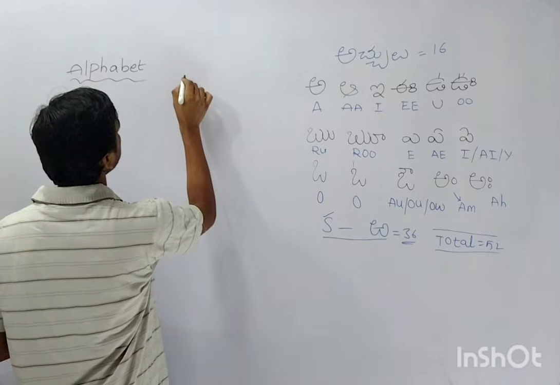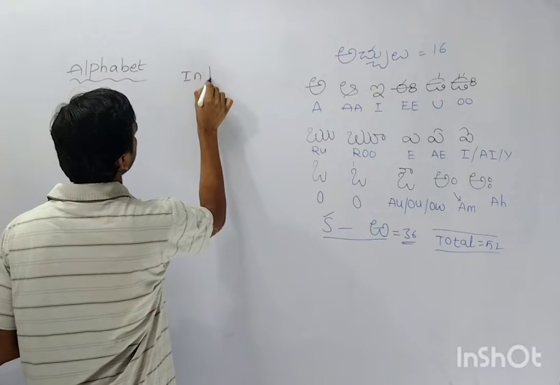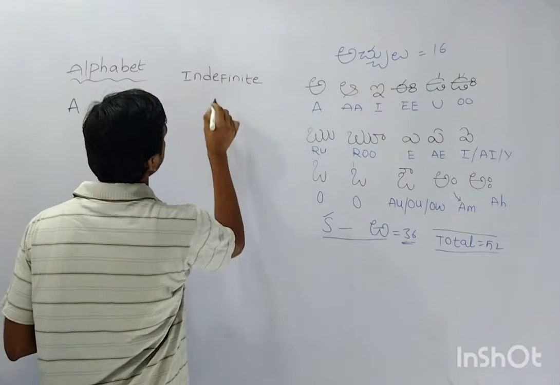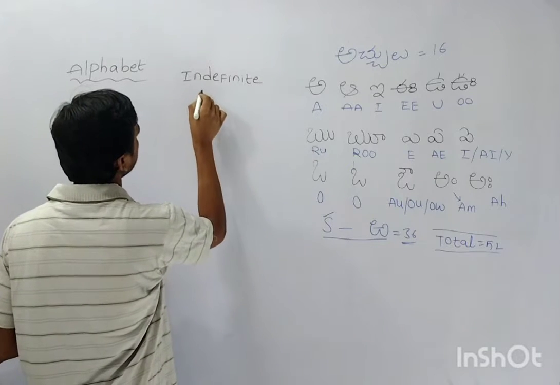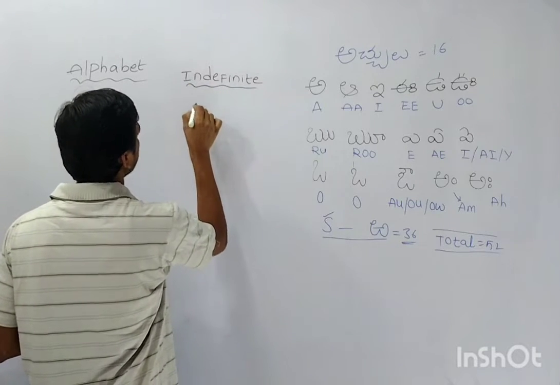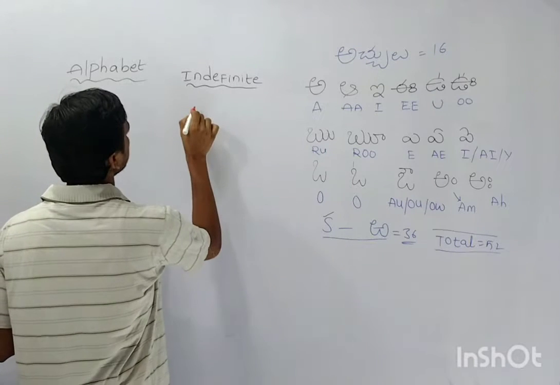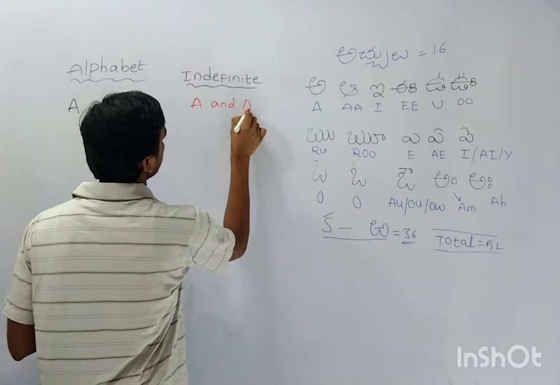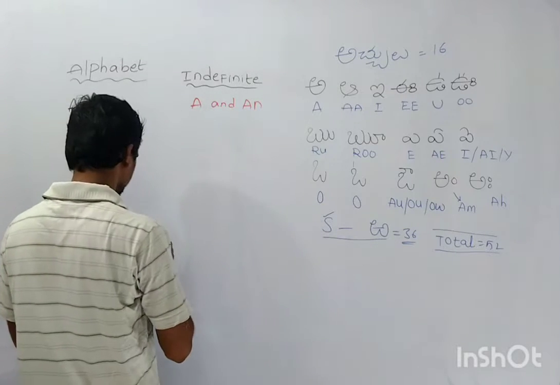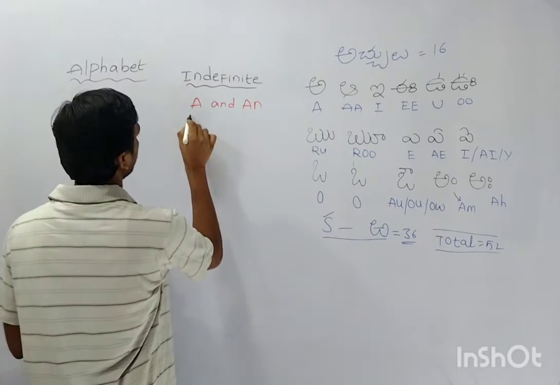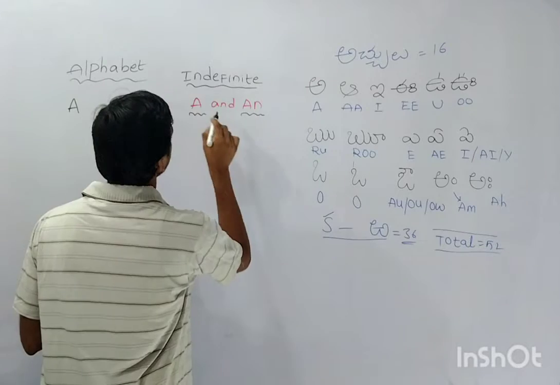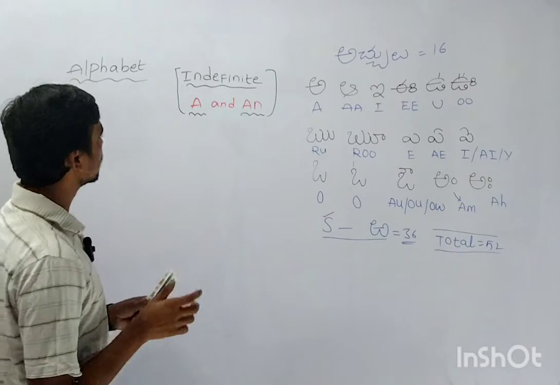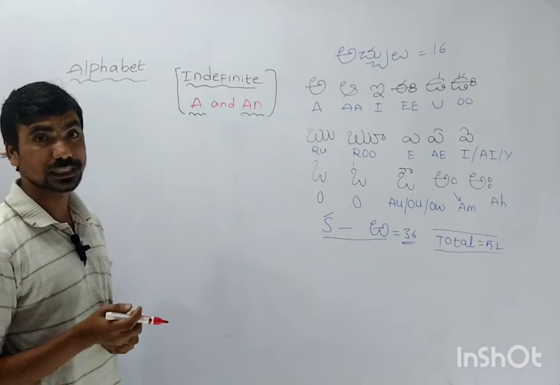In alphabet I am writing indefinite sounds. In indefinite we are having what? One is A, and as well as an. So these sounds are very important. These sounds you need to identify. Indefinite article, there are a and an. The sound we recognize.